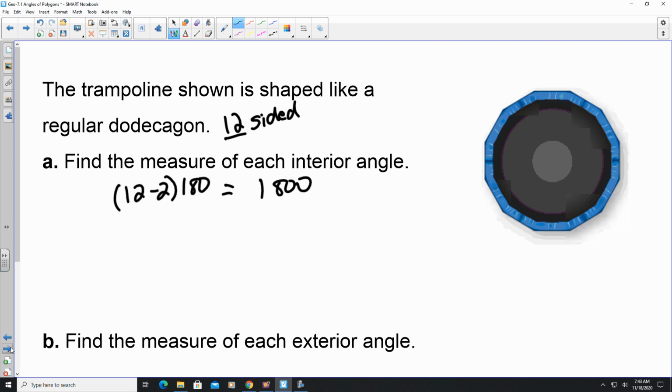So 1800 degrees is the sum of all 12 of these angles. But to find each, I'm going to divide that 1800 by 12 because I know they're all going to be the same, and all of those angles are going to be 150 degrees.